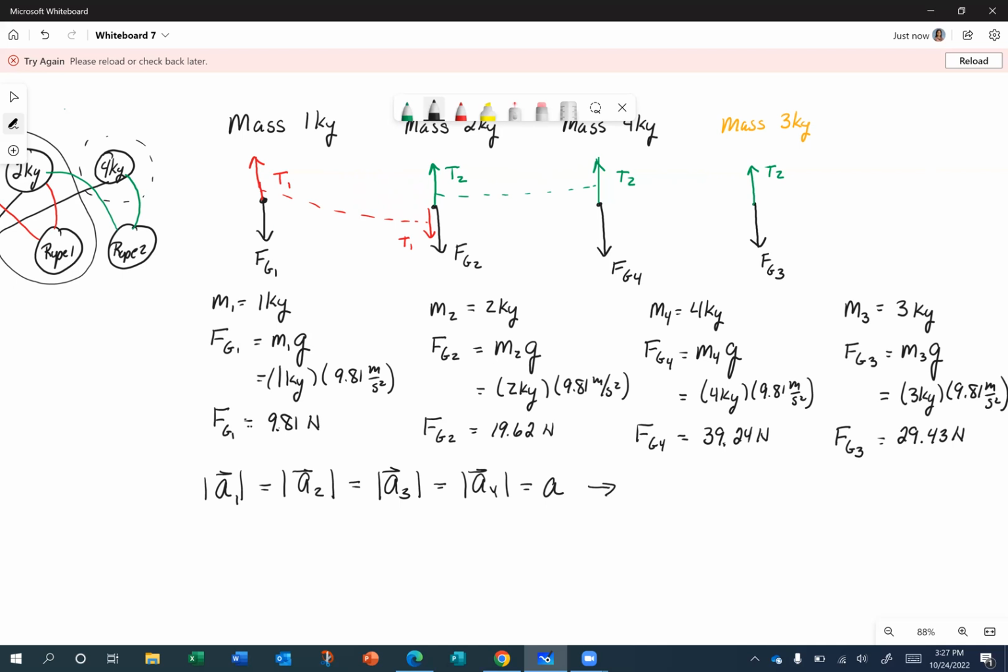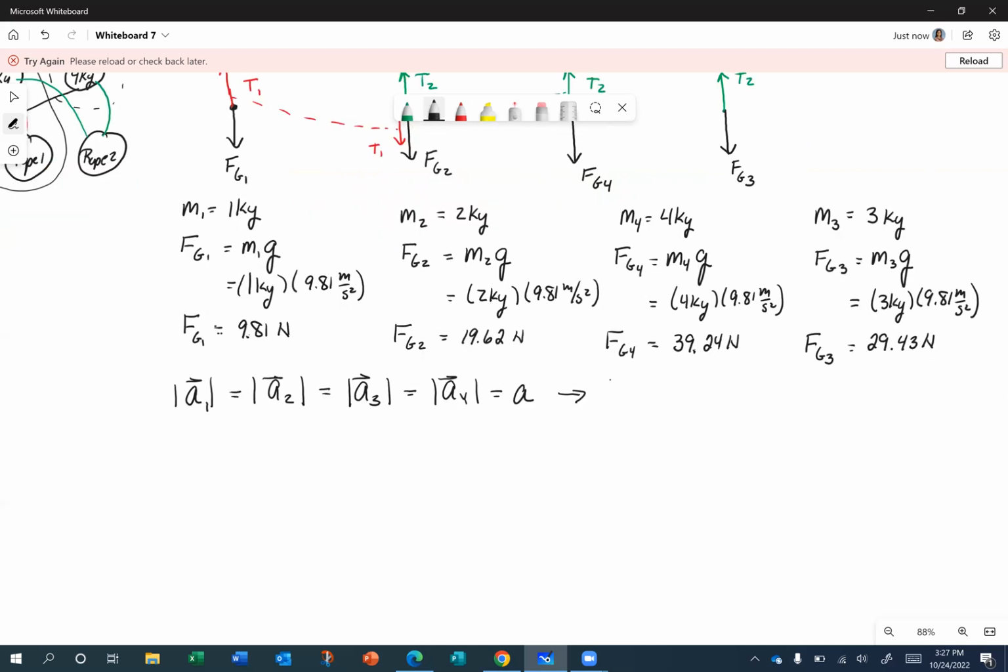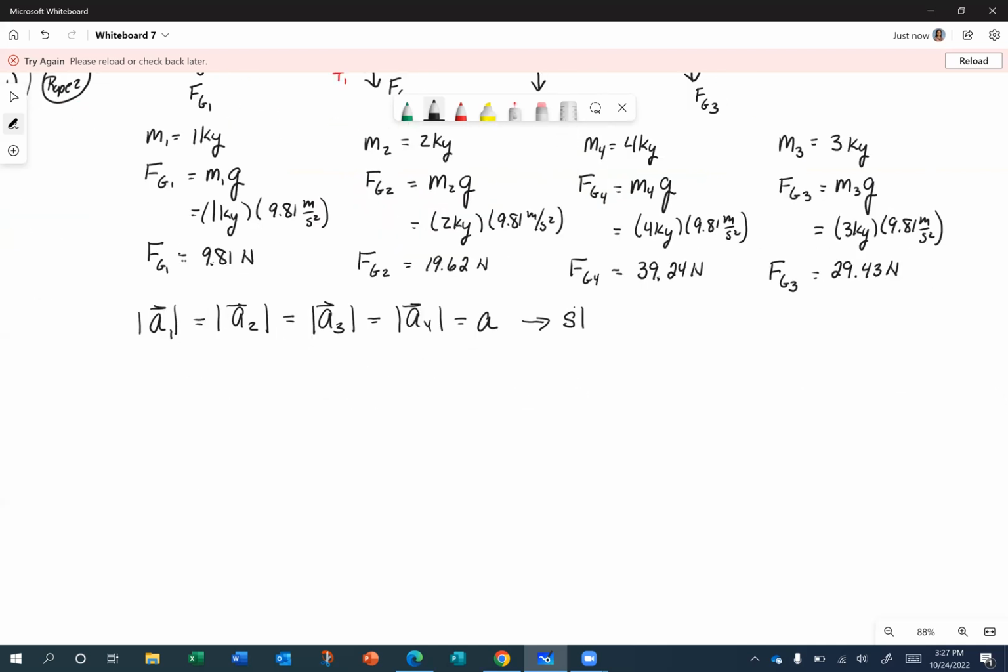And this is because the string is tight. So the string, or the rope, just to be consistent in my words, the rope is tight. All masses move together.